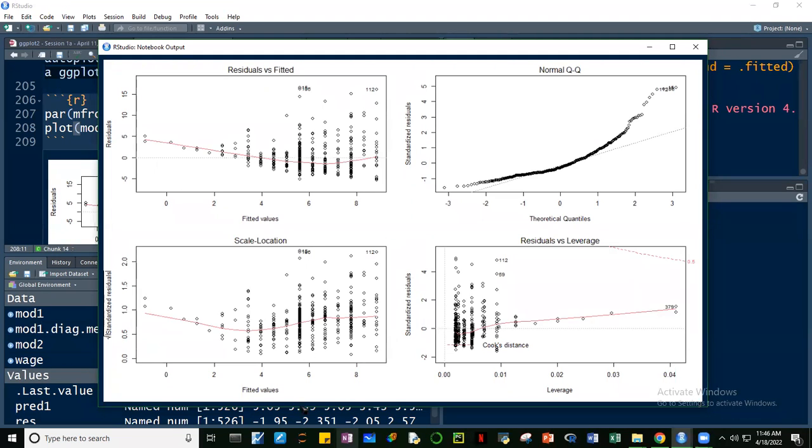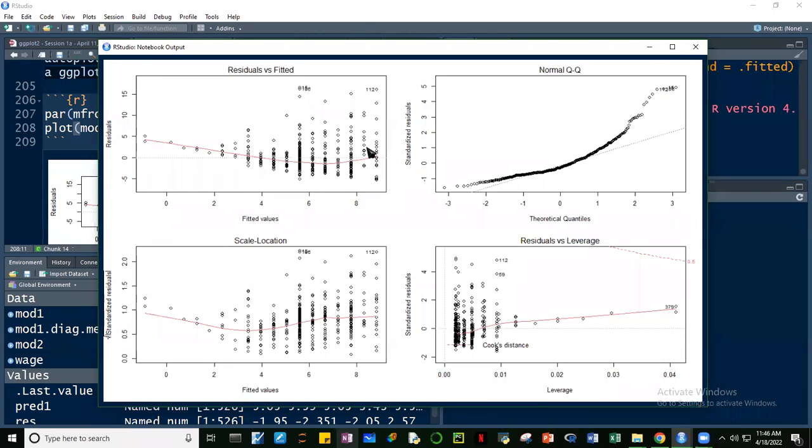So dito fitted values, ito quantiles, and then dito yung leverage. Okay, what's important for us is not really how this was computed, although we can do that. Ito, madali lang naman to, no? Prinat lang si fitted values, yung predicted values at saka si residuals.